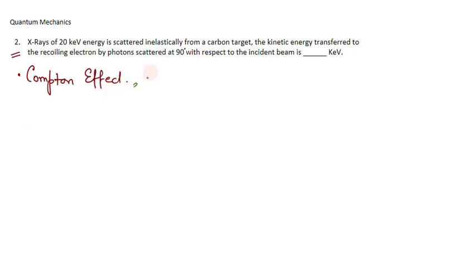So you are given that the angle is 90 degrees, and the energy of the incident photon is given to be 20 kilo electron volt. Now you have to find the energy of the recoil electron.